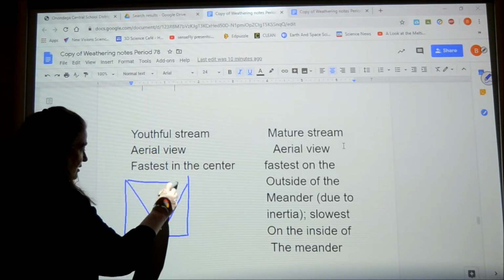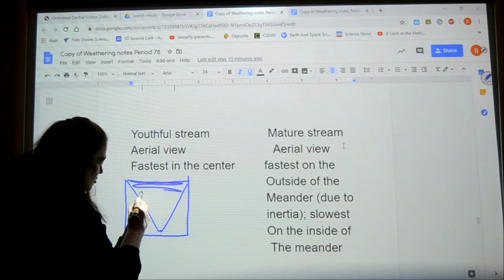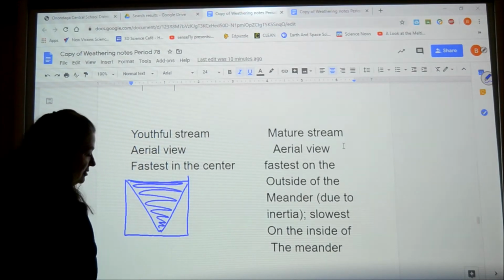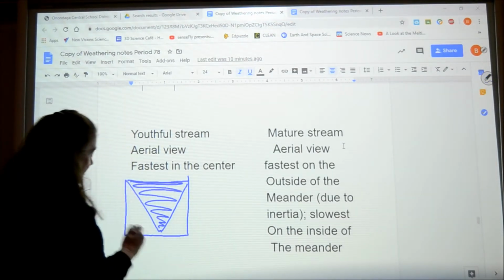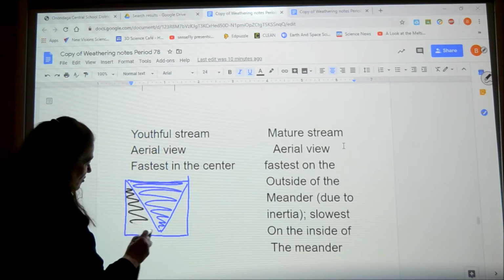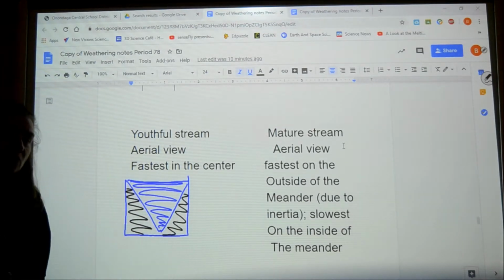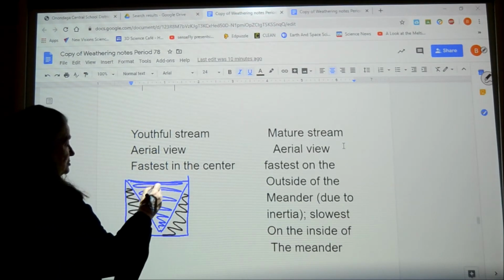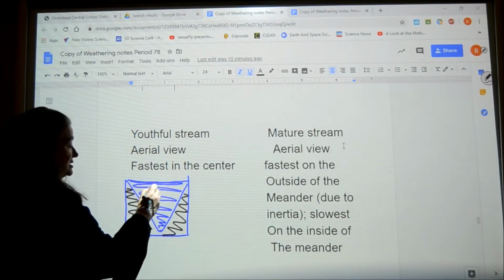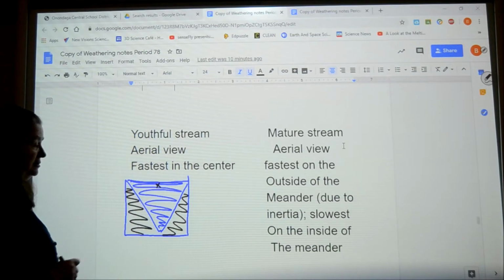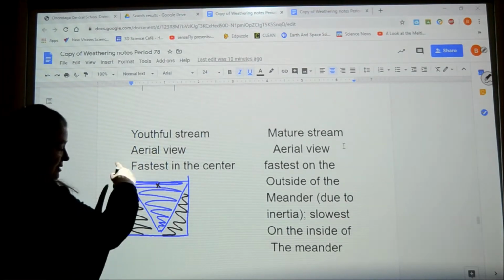So this area, the blue area, would be my water. This area would be my sediments. So my water is moving the fastest just below the surface in the middle. So my channel shape is a V.